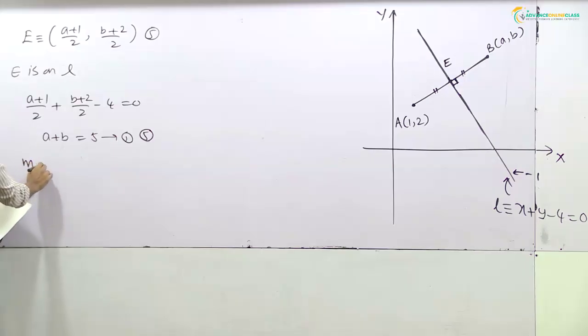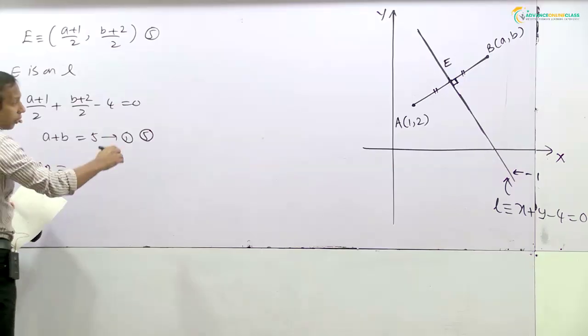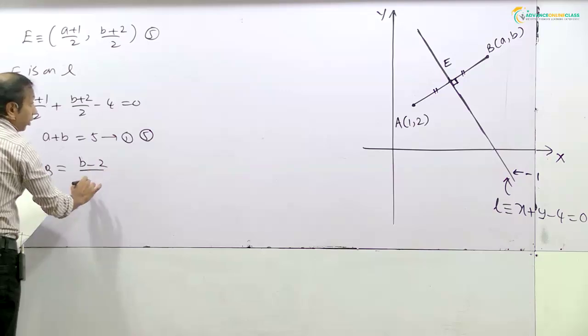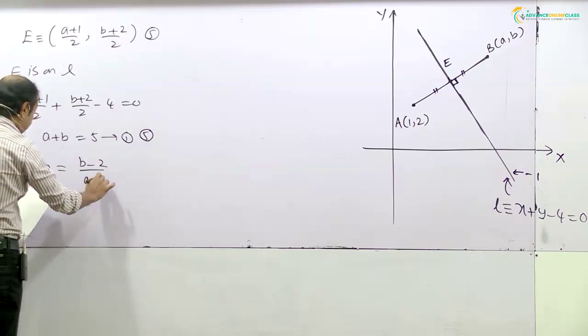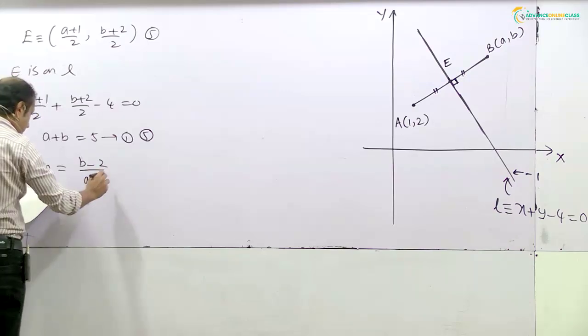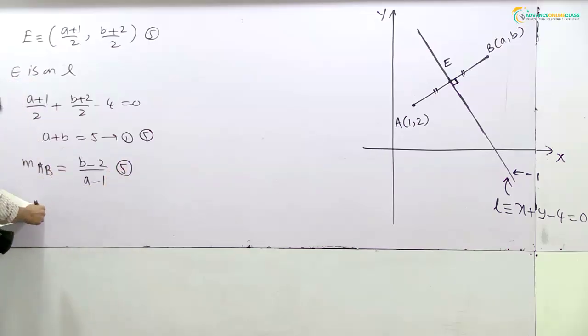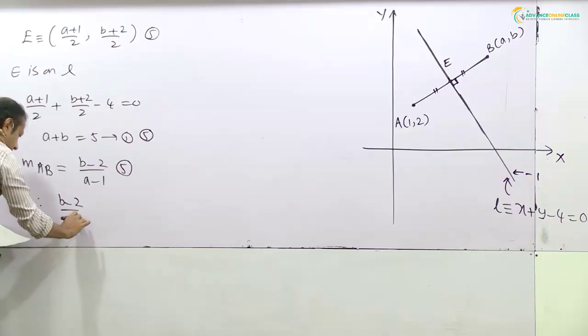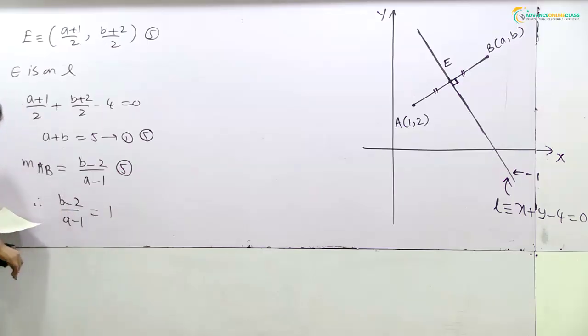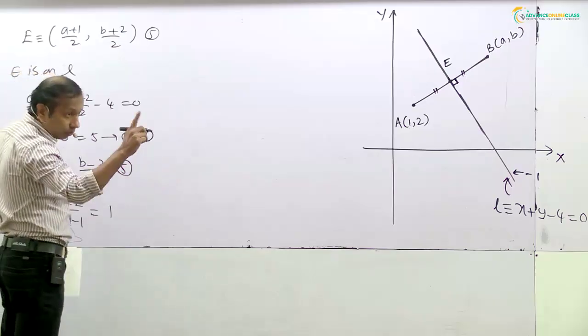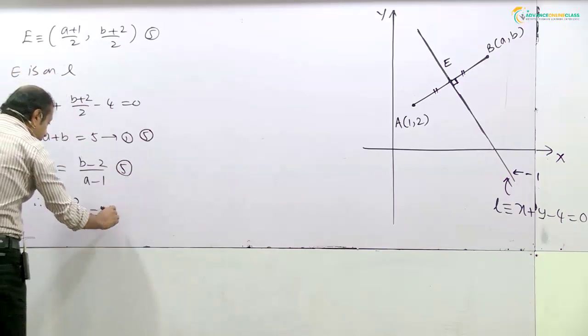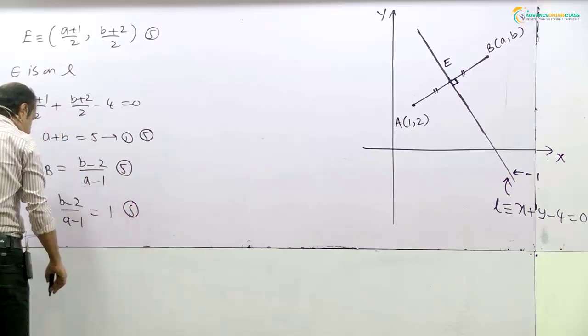Gradient of AB. You can write the gradient of AB as the difference of y coordinates divided by the difference of x coordinates. 5 marks. Therefore, (b minus 2) divided by (a minus 1) is 1. Correct, no? The gradient of AB should be 1. For this, 5 marks.